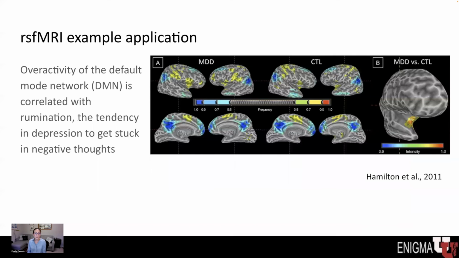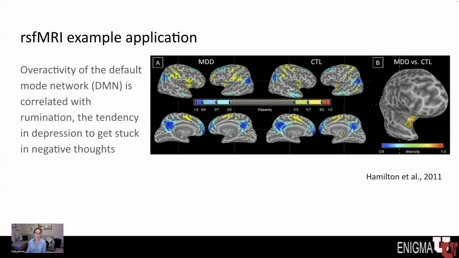And one example application here is one of the networks that we reconstruct most often, the default mode network, or DMN. And these are regions that are more active at rest than they are during a task. Actually, from the previous slide, the mPFC and the PCC are two regions that are typically involved in the default mode network.